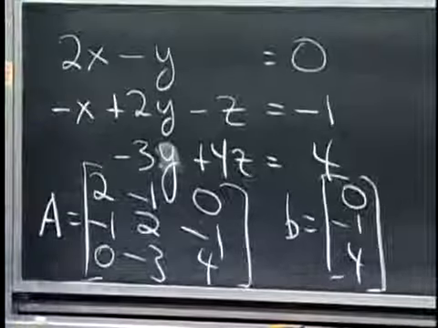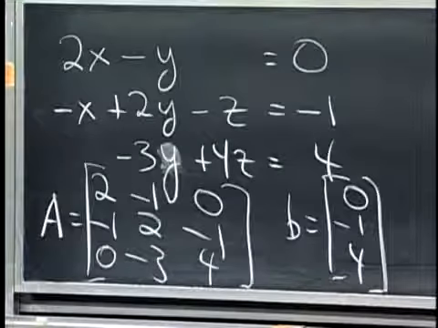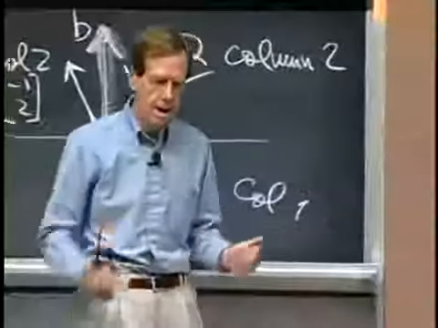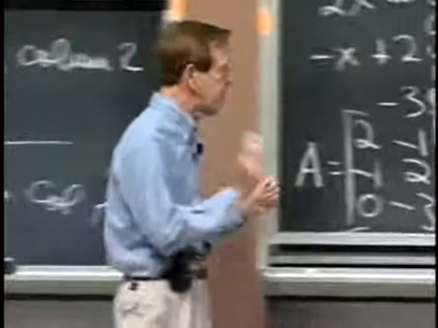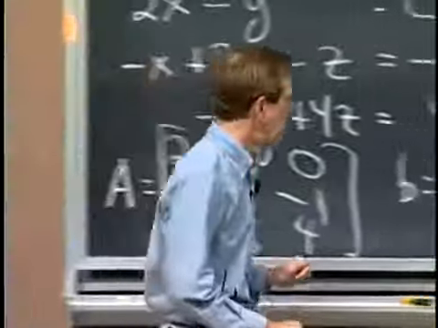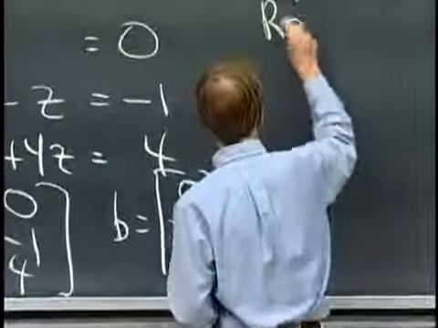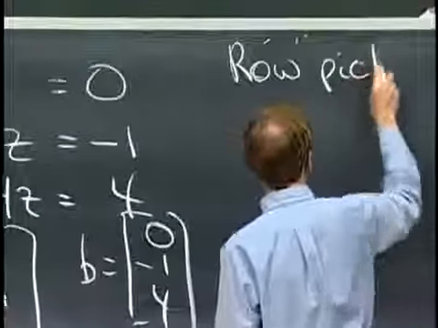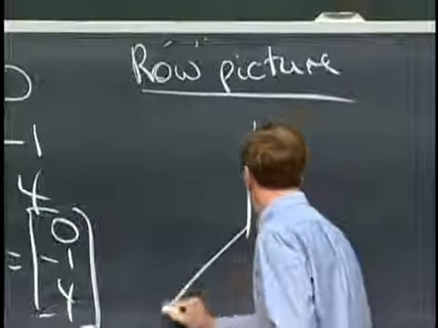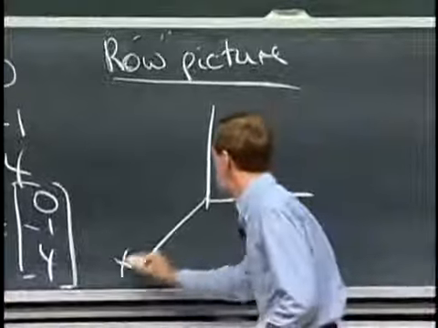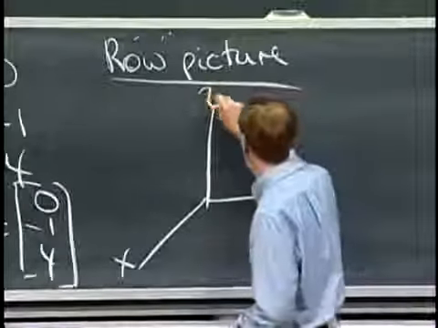Okay. So that's the shorthand to write out the 3 equations. But it's the picture that I'm looking for today. Okay. So the row picture. All right, so I'm in 3 dimensions, x, y, and z.